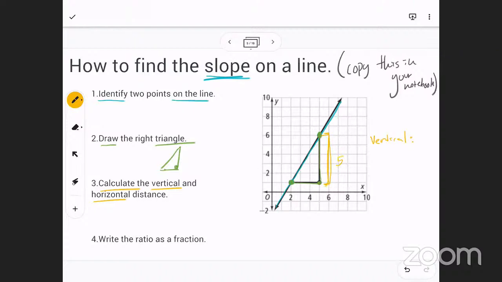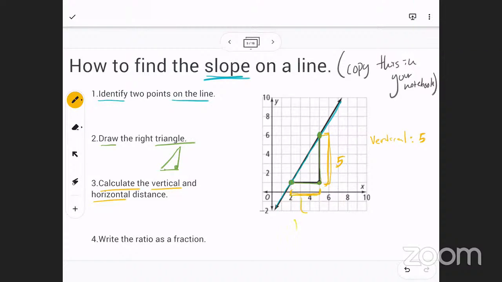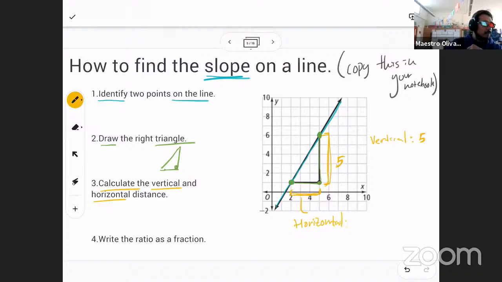Thank you. Chris, what's my horizontal distance? How many little squares do we have? Thank you, Chris. There's 3 of them.